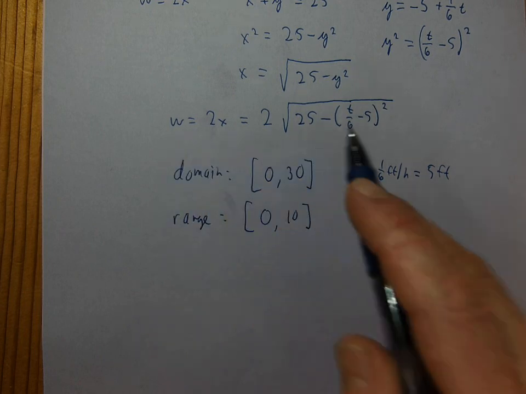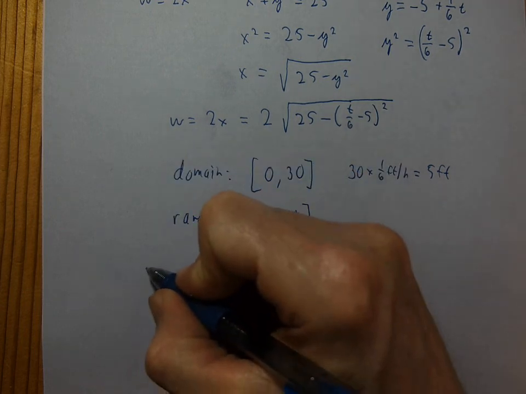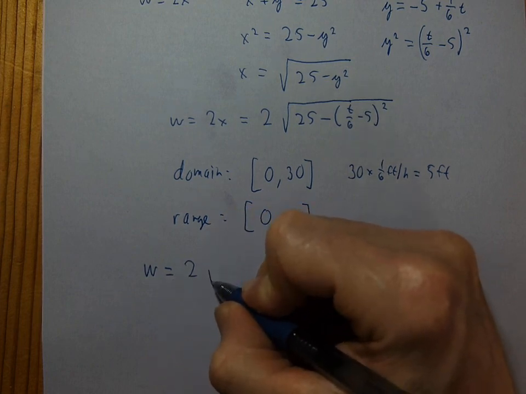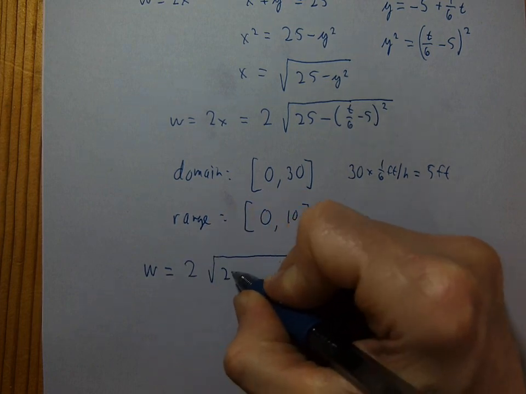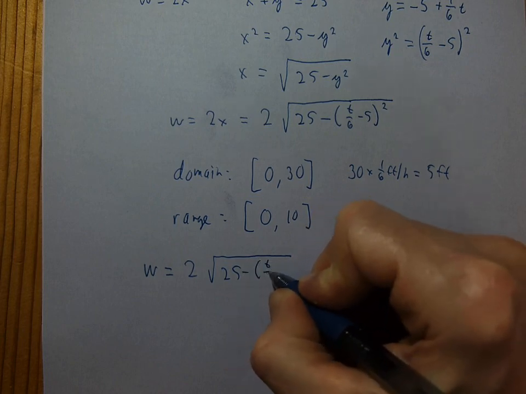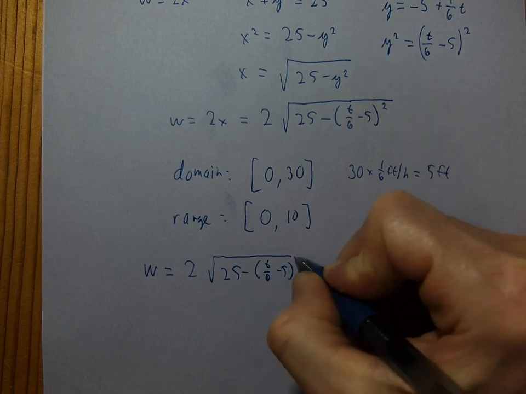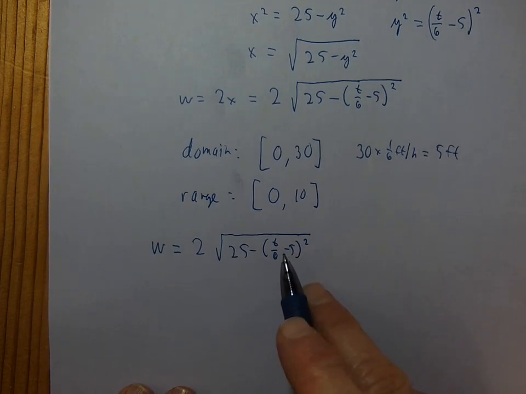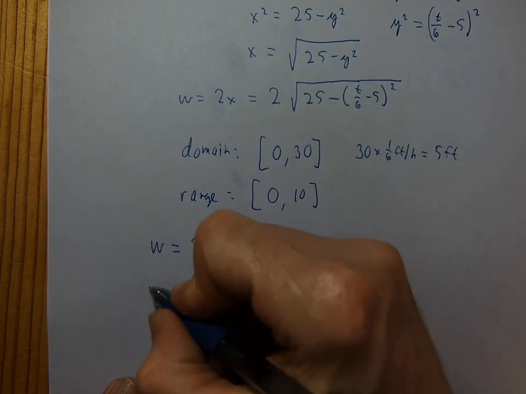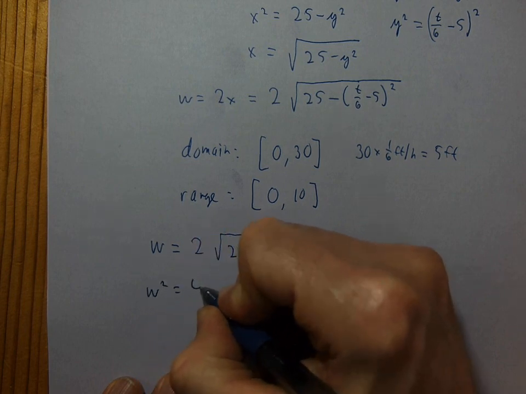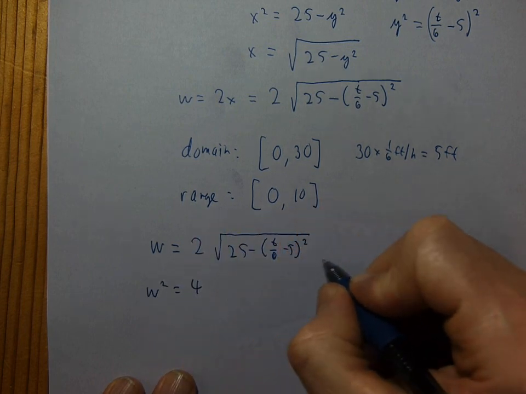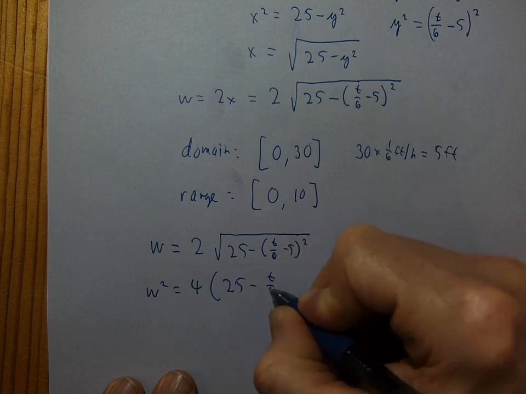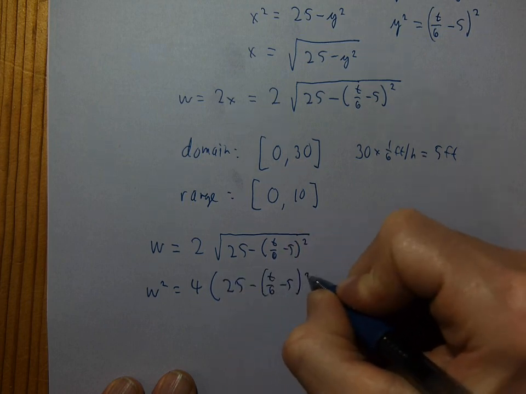So we take this formula again. Let's write it down. So the width is equal to 2 times the square root of 25 minus t over 6 minus 5 squared. Now we want to solve for t, which isn't as bad as it looks. You square both sides. W squared is equal to 4 times 25 minus t over 6 minus 5 squared, since squaring gets rid of the square root.